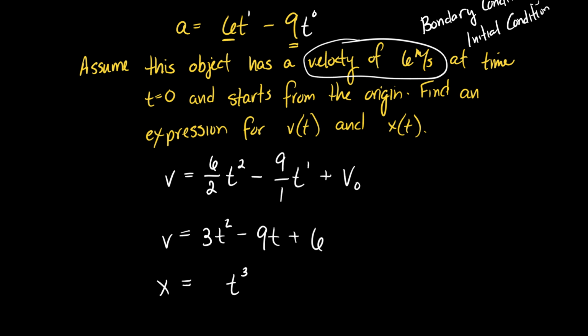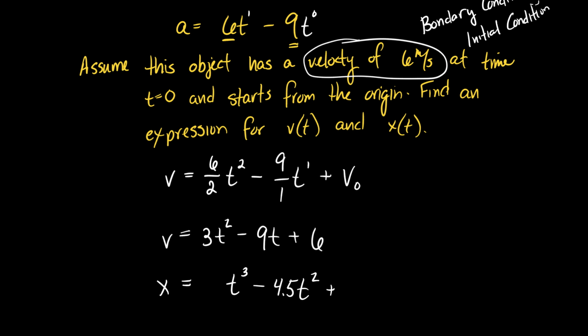And 3 divided by 3 is 1. So I'm good with that. Minus. T to the 1 power becomes t to the 2 power. 9 divided by 2 is 4.5, or 9/2.